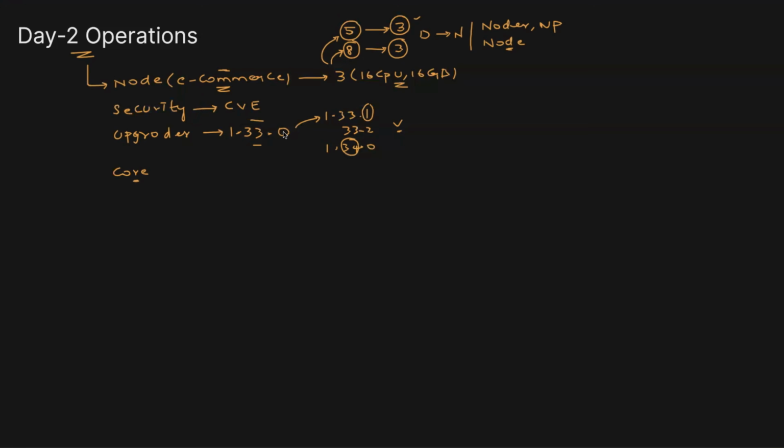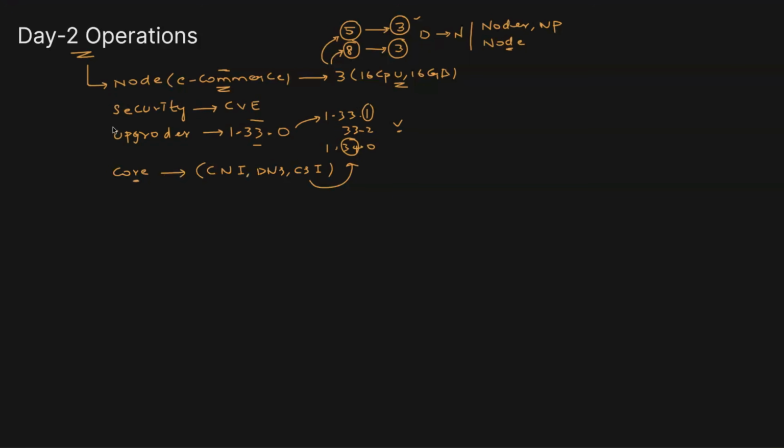Every time you upgrade the cluster, let's say from 1.33 to 1.34 in future, you have to make sure the core components such as CNI, CoreDNS, and CSI, if you're using it, are compatible with the version upgrades that you have performed.